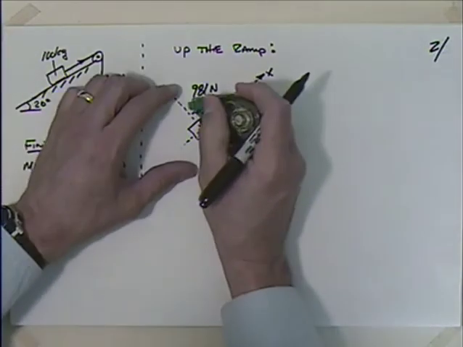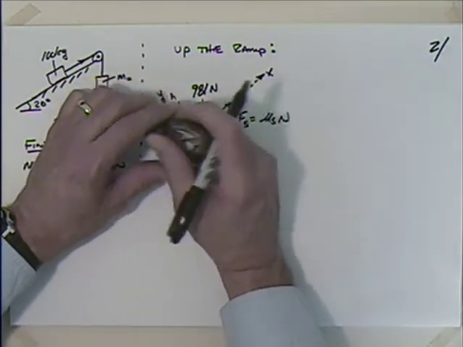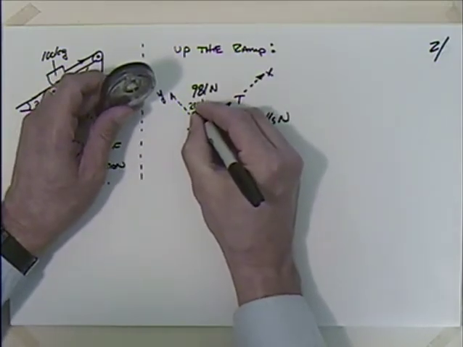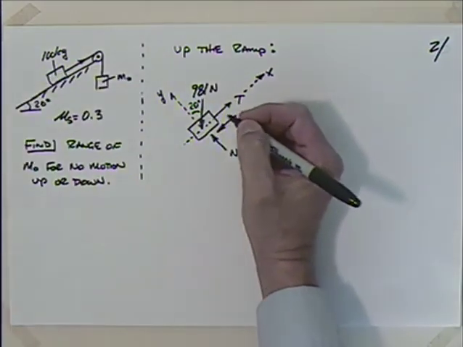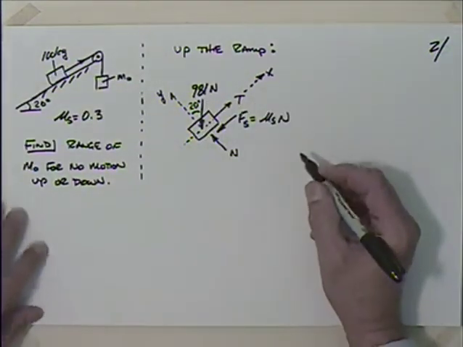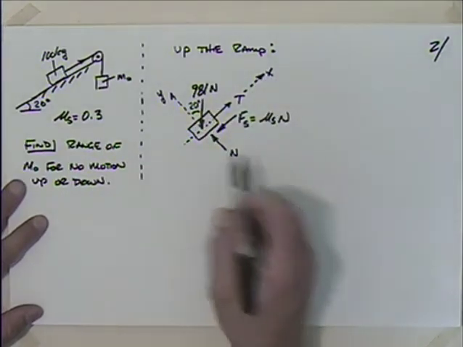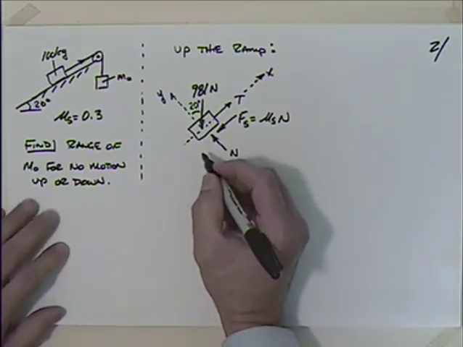For some reason, I can't write that 20 degrees very well. So I've got that 20 degrees in there. I'll try and clean that up before I make the PDF, but we've got 20 degrees there.